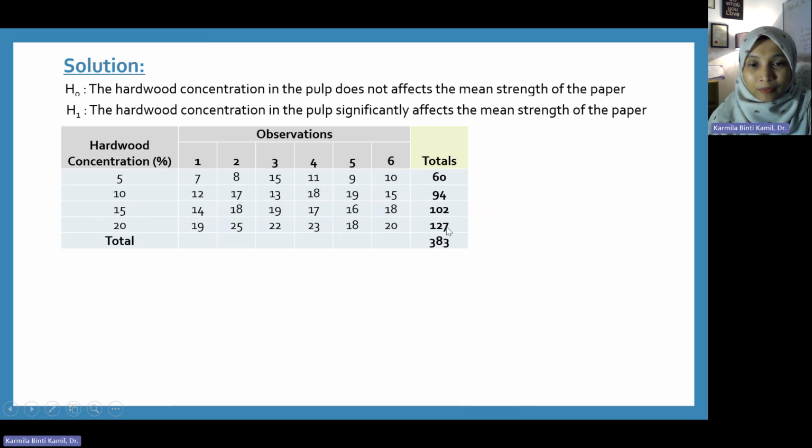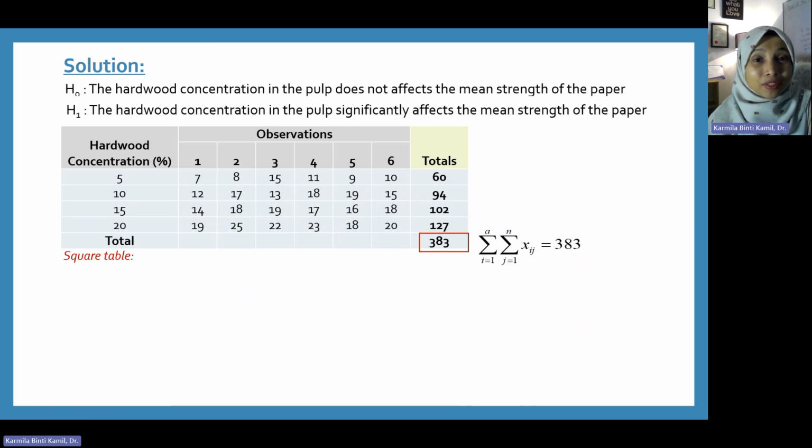In this case, we add all these values: we get 60, 94, 102, 127, and the summation is 383. This 383 is the summation of xij.